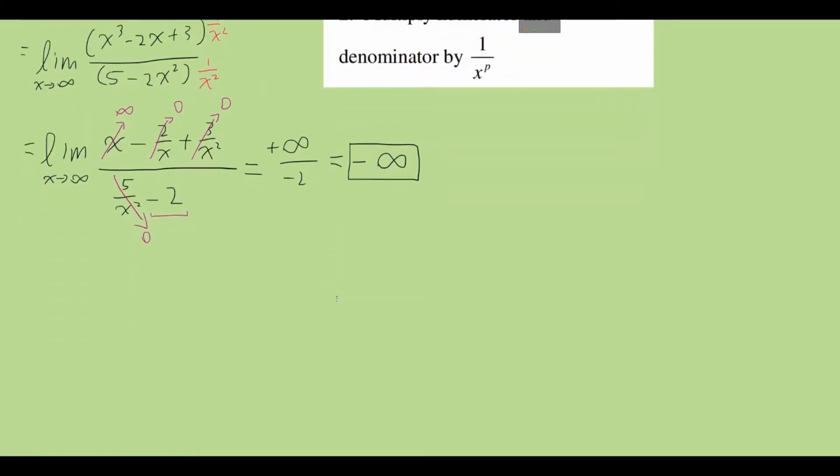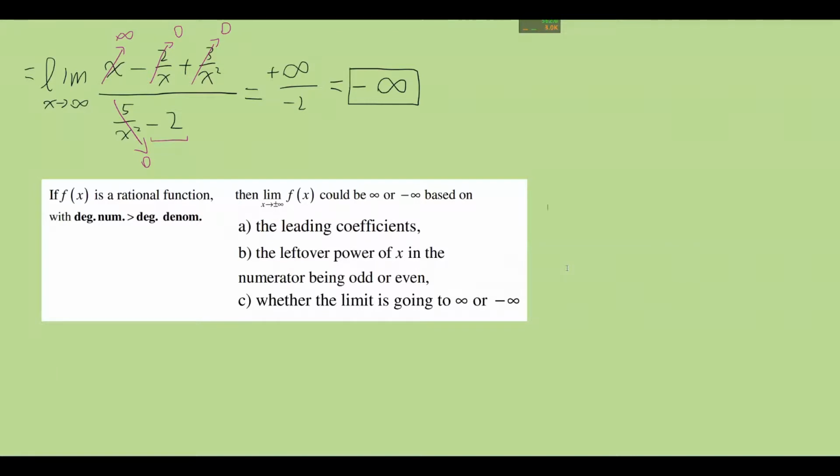So let's put a summary on this type. The last type, when the degree of the numerator is greater than the degree of the denominator, we actually have two cases. Either it's positive infinity or negative infinity. And it's based on three things. A, the leading coefficient. B, the leftover power of x in the numerator being even or odd. C, whether the limit goes to infinity or negative infinity.